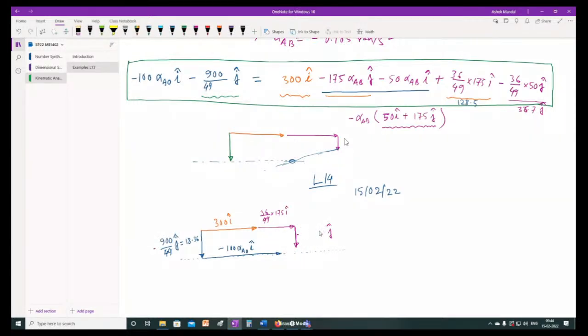And what is this value? 36.49. So we draw a line like this, which is 36.49. And finally, we have the direction of this one.